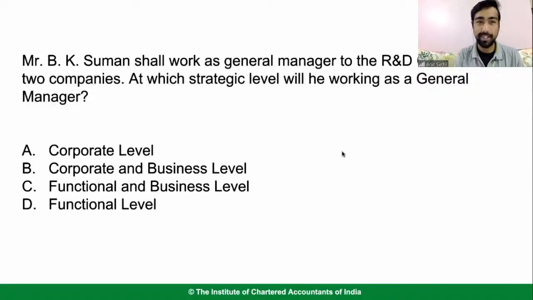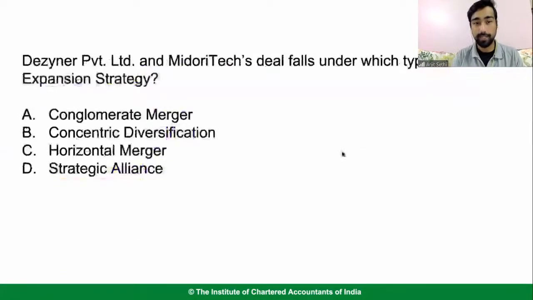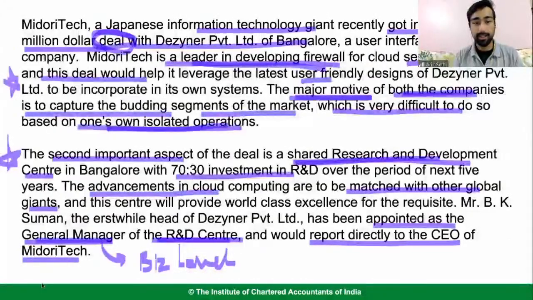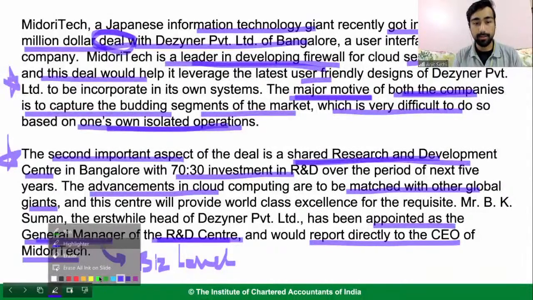At which strategic level will Mr. BK Soman... BK Soman जी के बारे में पढ़ते हैं जाके. In the case scenario, what they're saying is, okay, यहाँ पे they're talking about Mr. BK Soman. The last line.